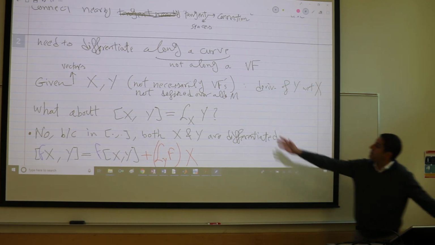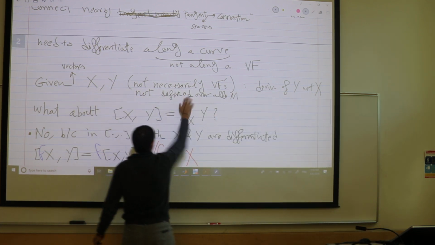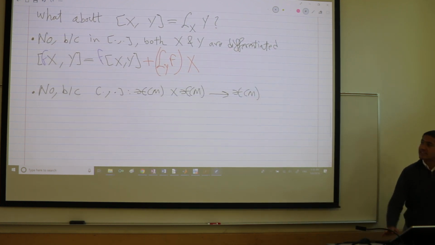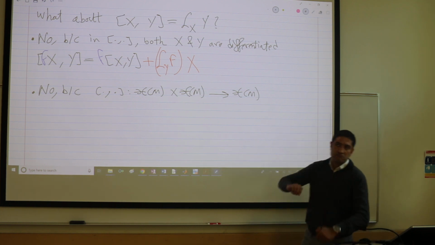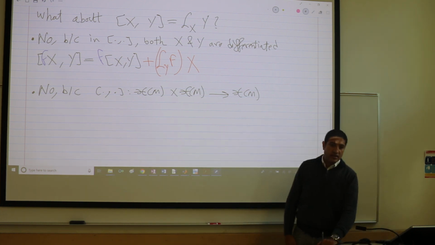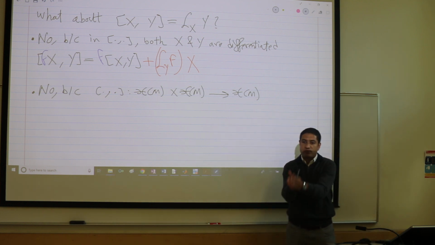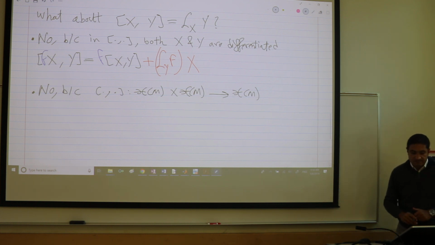And in the problem statement here, we are saying that x and y may not be vector fields. Well, that's fine. Given a vector, just a vector, extend it by a vector field defined everywhere such that it just matches your vector at this point, and do the computation with the extended vector field.